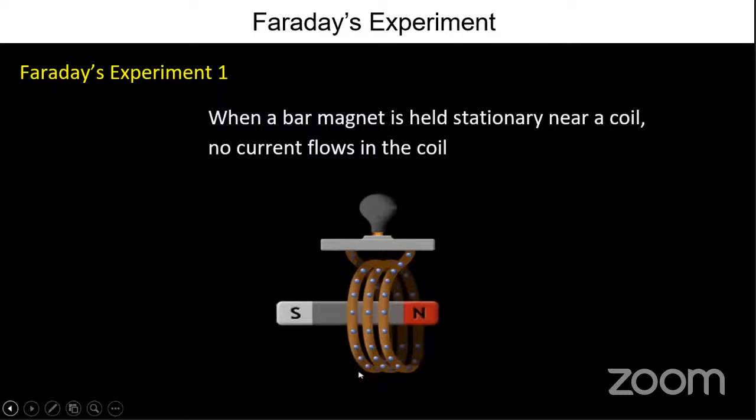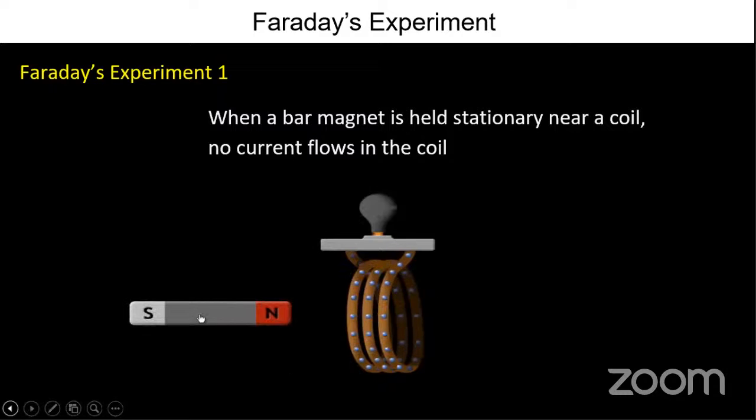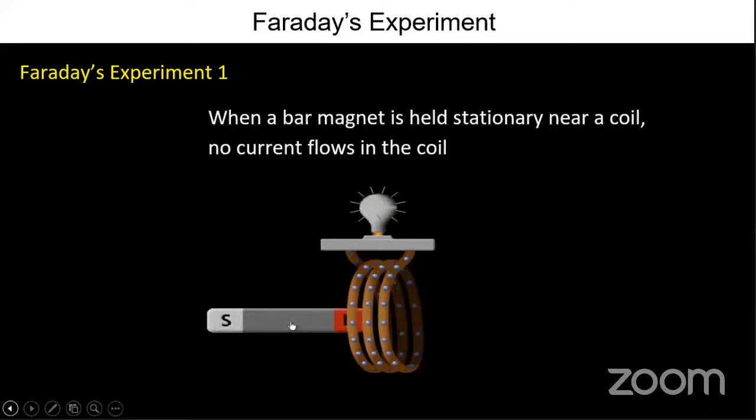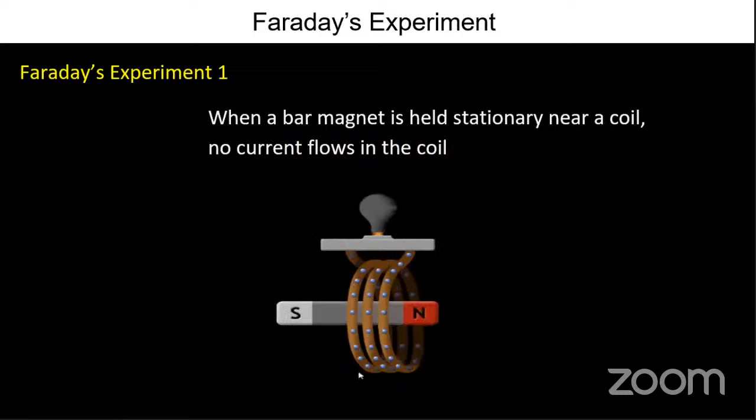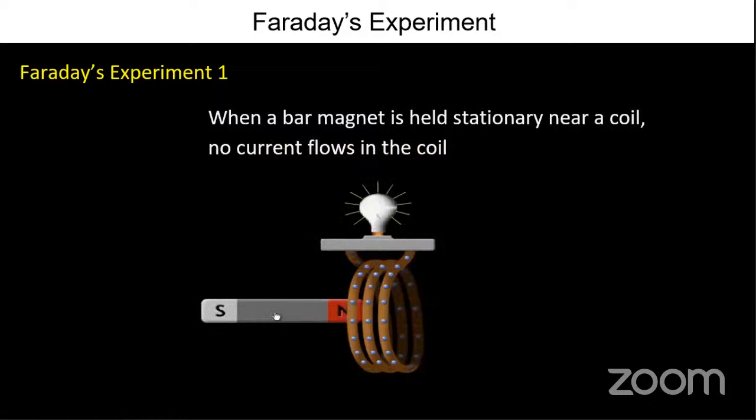Then he kept the magnet stationary inside the coil. Now he observed that there is no deflection. So he gave this conclusion: when a bar magnet is held stationary near a coil, there will be no current flowing in the coil.